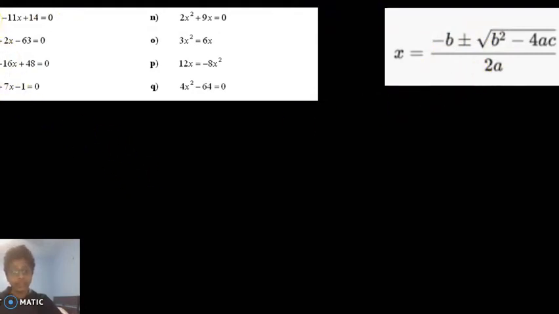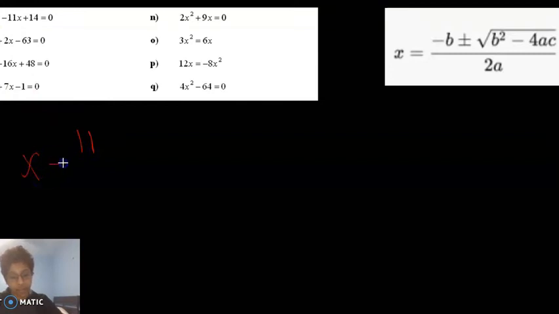So a is 2, b is negative 11, and c is 14. Let's substitute the values in. Negative b: if b is negative 11, negative b is just 11.